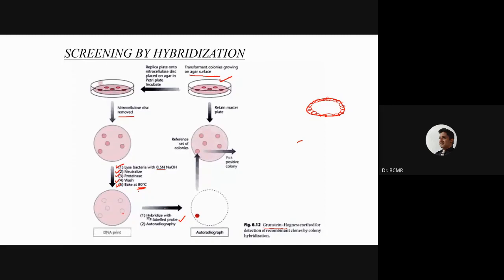I have discussed random radio labeling. I haven't discussed end labeling yet. I will discuss end labeling when we read the corresponding technique. So one will add a probe. After that, there will be a washing step and then autoradiography. And the colony, because you are likely to have a larger number of plasmids, okay?